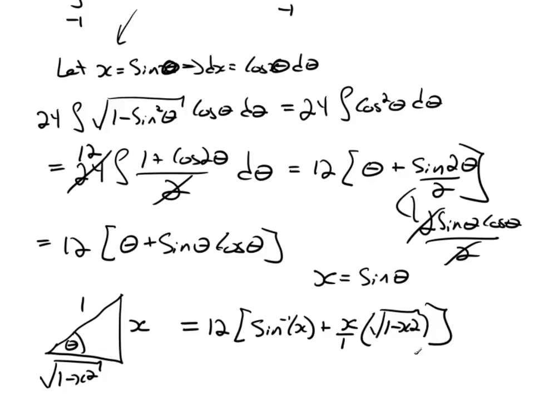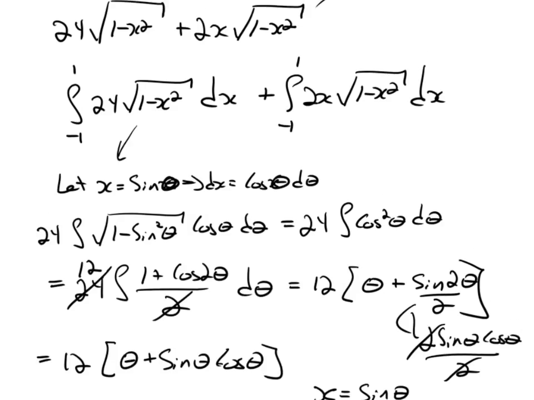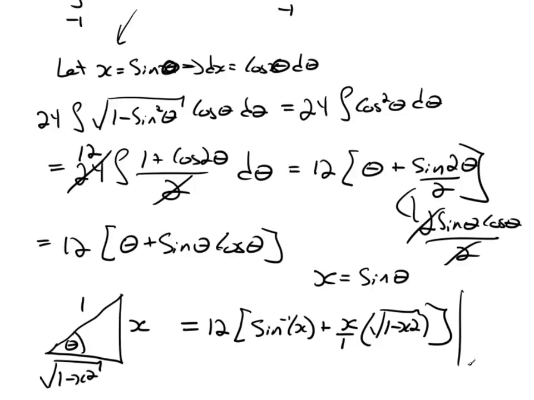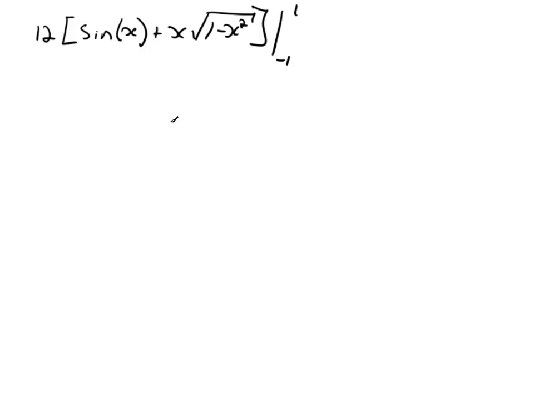So now I'm back to x's, and now I can go back and evaluate this from -1 to 1. Clean this up just a teeny bit. Okay, so that's what we're working with.